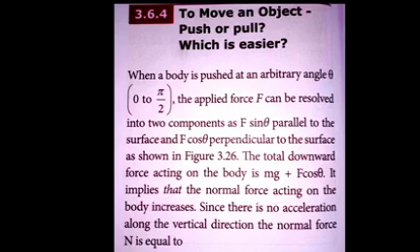To calculate this total force acting on the object, we have to sum these two values. One is the downward gravitational force, that is mg, and the other is the perpendicular force, that is f cos theta. Adding these two values, we get the total force on the object to compare whether push or pull is easier.